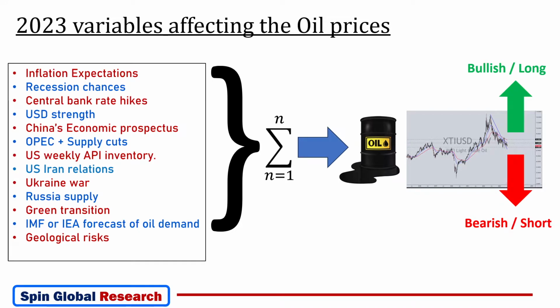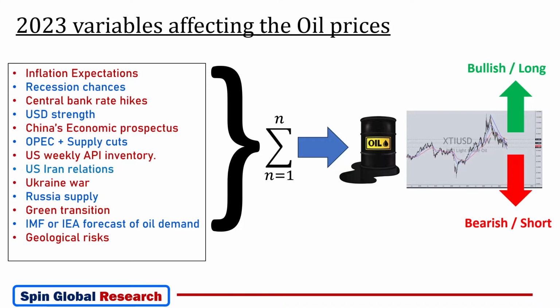Starting from inflation expectations. In 2023, since inflation is very high all over, any economic data suggesting the inflation expectations among the participants or the general public generally affects oil demand.